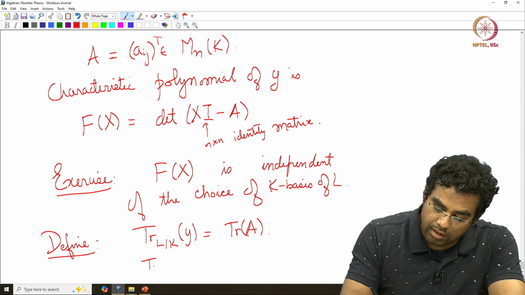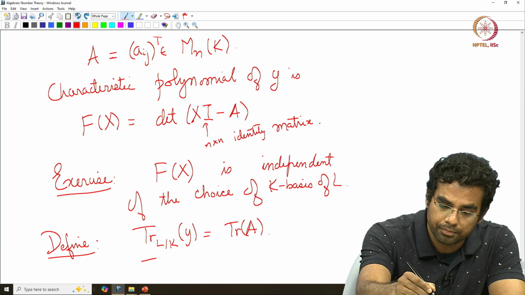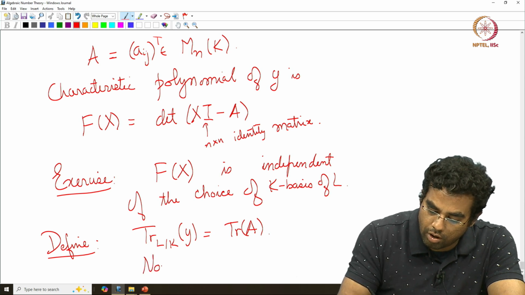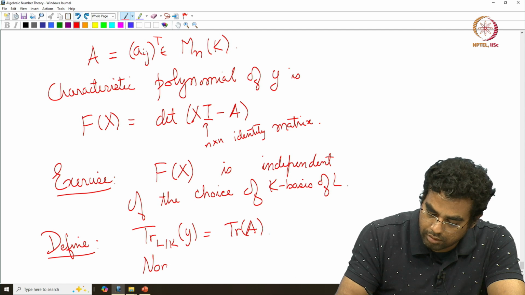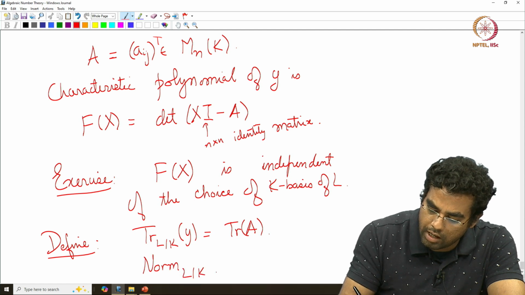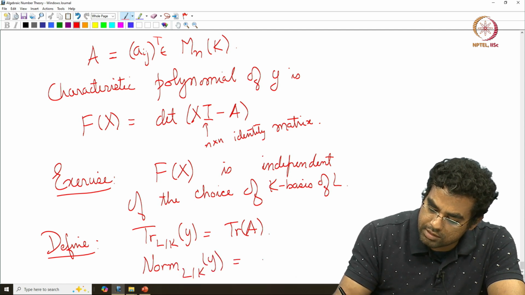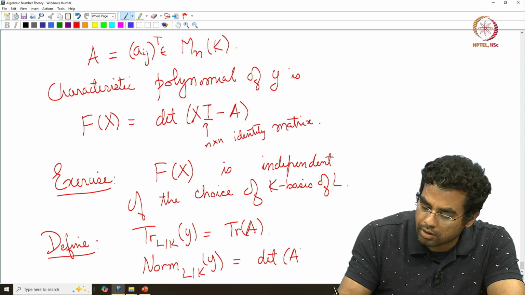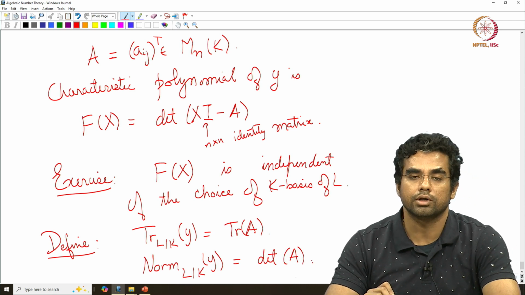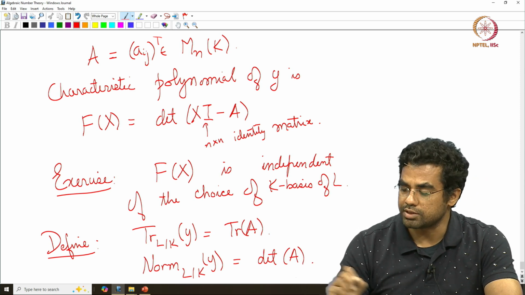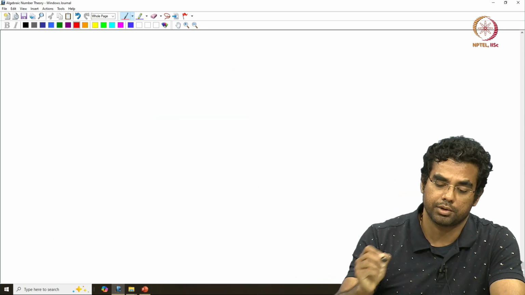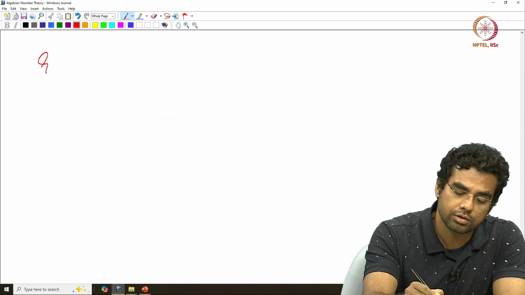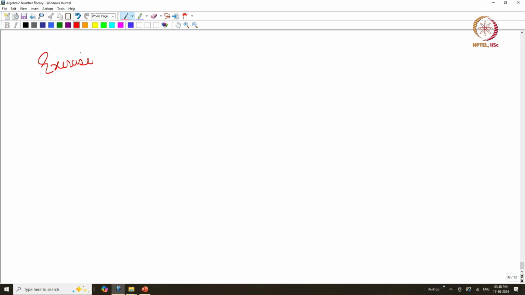And then the norm from L to K of y is simply the determinant of A, and again this is independent of the choice of basis, so independent of the matrix A representing this linear map. So, here is an exercise.